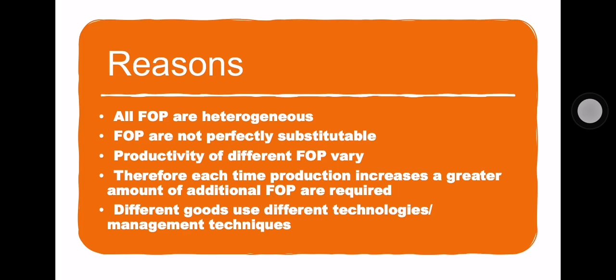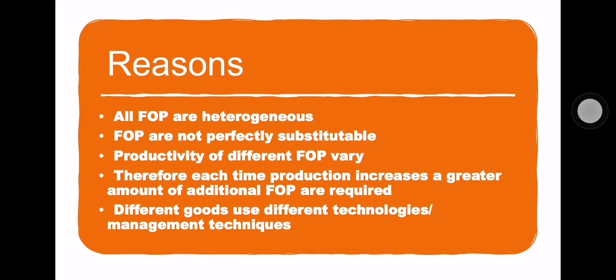So what are the reasons for increasing opportunity cost? First reason is that all factors of production are heterogeneous. Alright, that means different. They are different from each other. Now in the constant opportunity cost, it was homogeneous. Here it is heterogeneous. And then factors of production are not perfectly substitutable. Obvious, right?